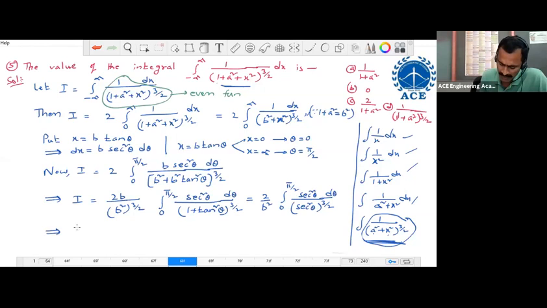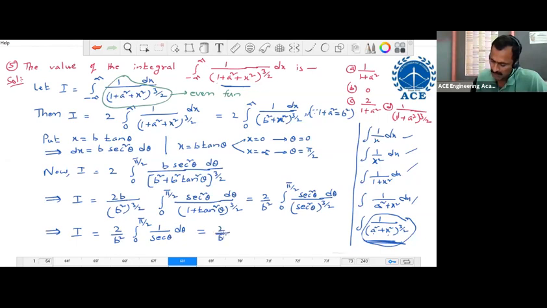Which implies I equals 2 by b square, integral 0 to pi by 2. In the denominator, the power 2 gets cancelled, leaving secant power 3; in the numerator, secant square cancels with the power 3, leaving 1 by secant. It is the leftover function.